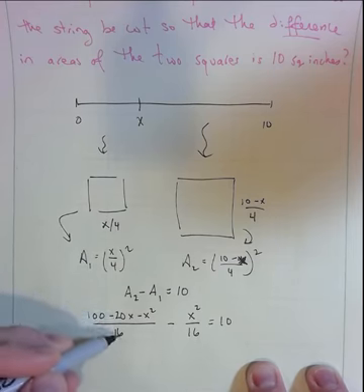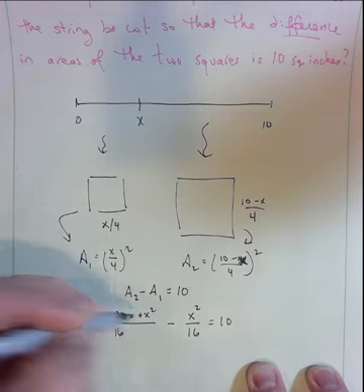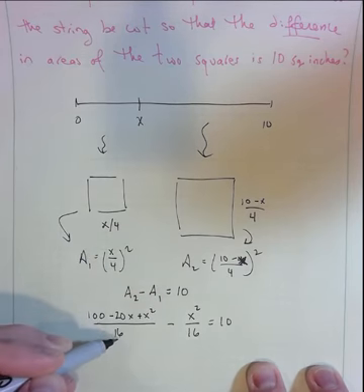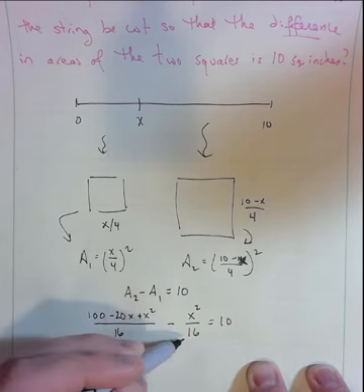Now, this term is going to separate across the minus signs, right? Oop, that should be a plus, shouldn't it? So it'll be 100 over 16 minus 20x over 16 plus x squared over 16. That x squared over 16 is going to cancel that one.